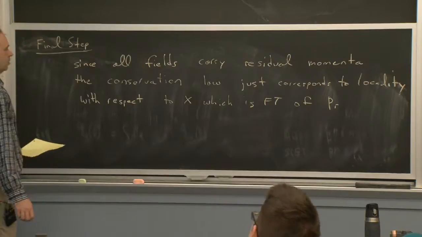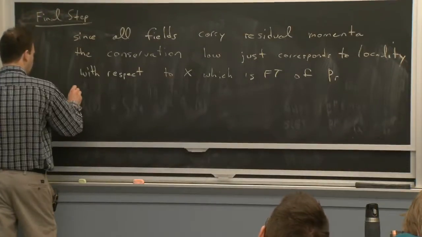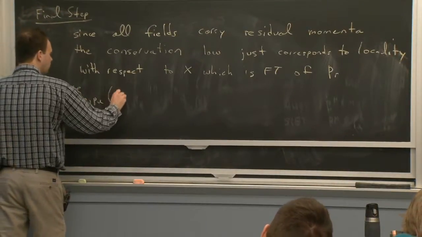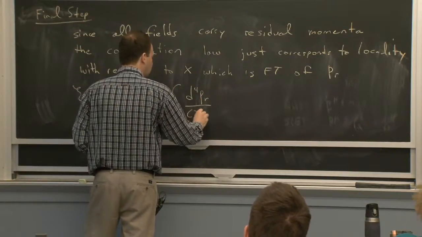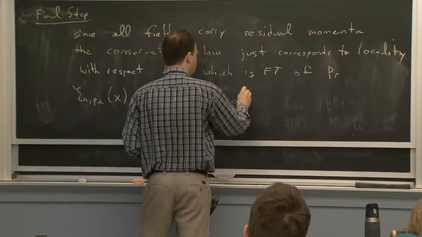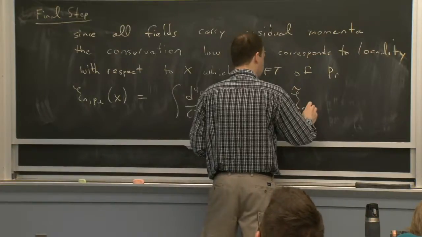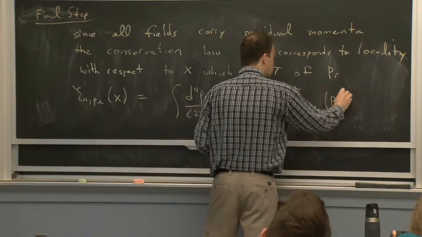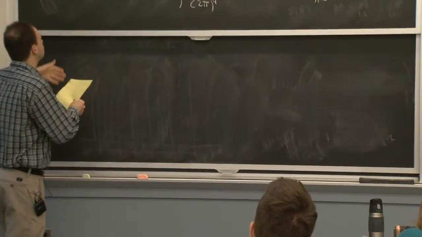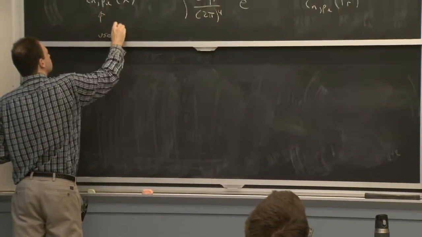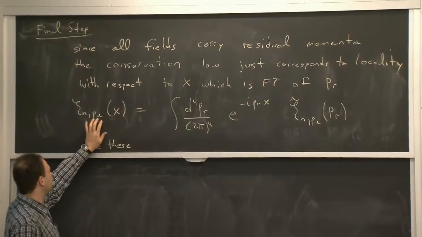Okay, so we go back to the X space, which is the Fourier transform conjugate variable to the residual momenta. So the fields we're actually going to use are these ones, where we Fourier transform back in the residual. These guys here. Okay, so it's kind of like HQET, where you think about this part in momentum space and that part in position space.